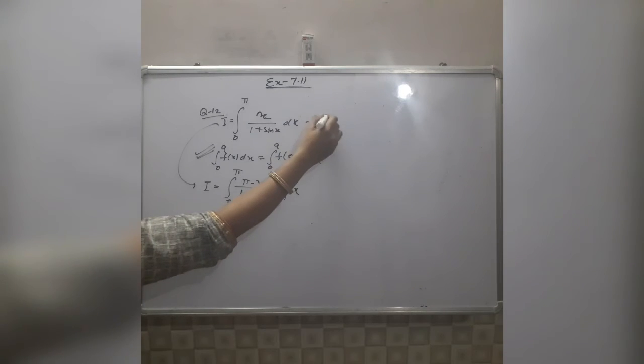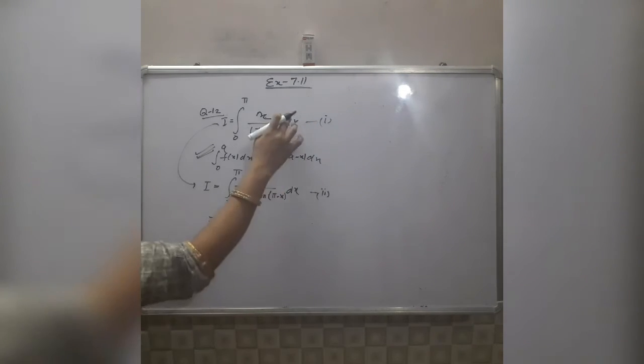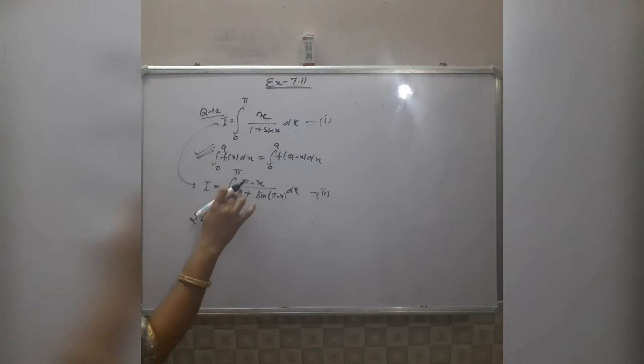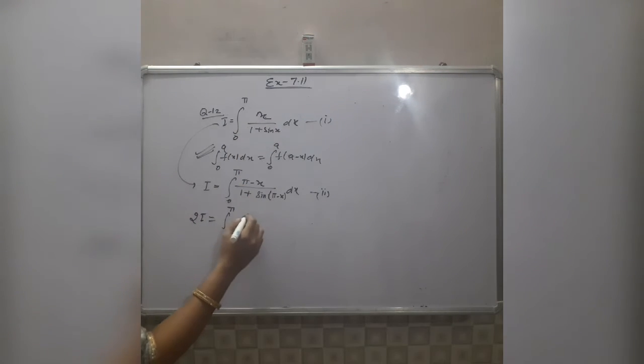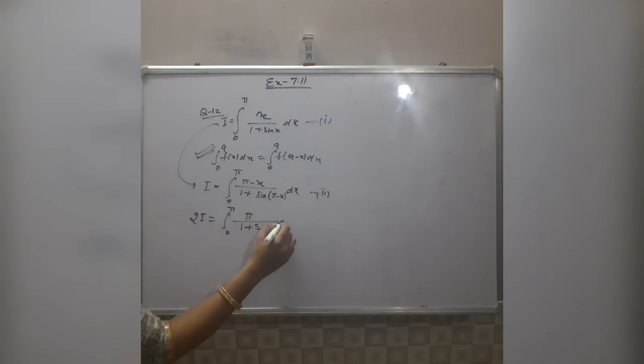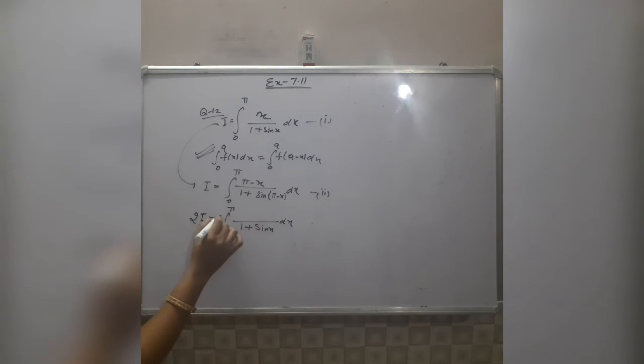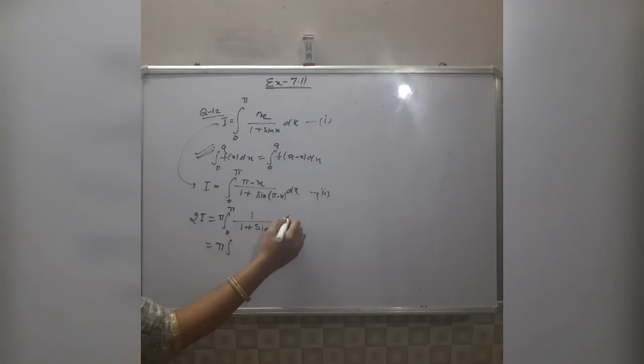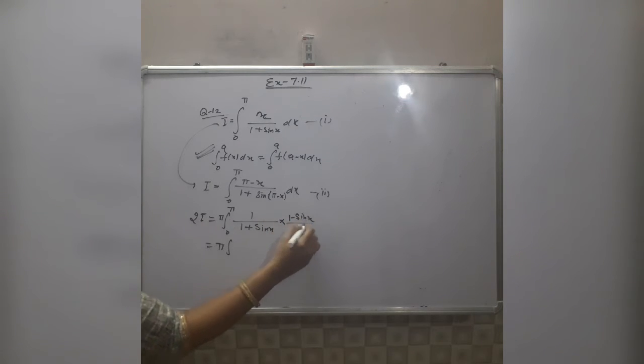So let us suppose this is first, this is second, adding first and second, here it becomes 2I. After adding, this plus x is cancelled with minus x, you will get pi by 1 plus sin x, and pi is a constant term, so you can take it common outside the integration, so you will get 1 by 1 plus sin x. So how will you integrate this function 1 by 1 plus sin x? In this case, multiply and divide by 1 minus sin x.